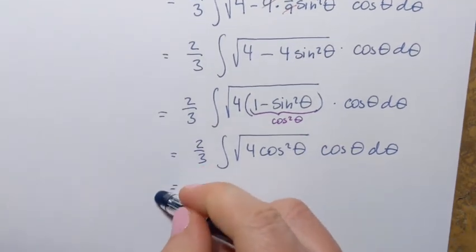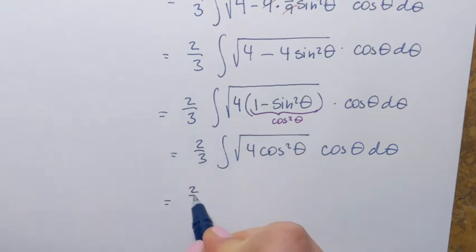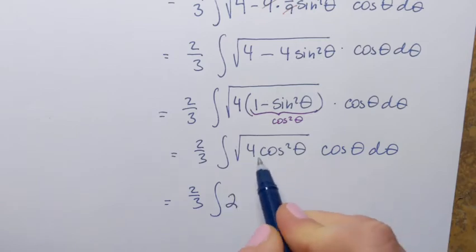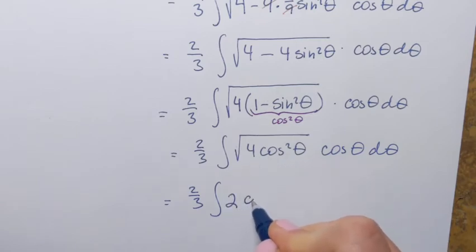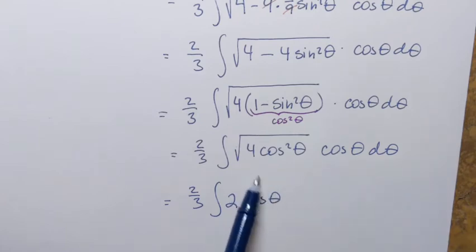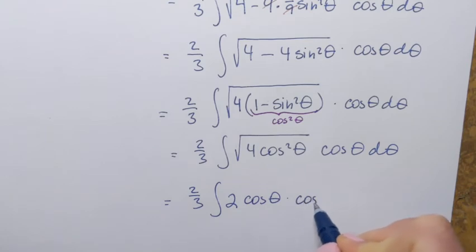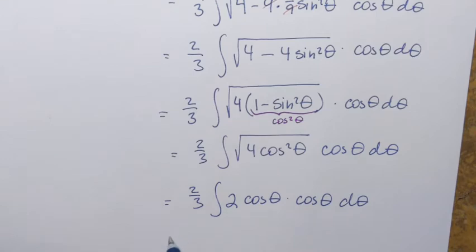So we finally can get rid of the square root. 2/3 integral square root of 4 is 2, and then square root of cosine squared is just cosine theta. So that's the result of the square root. Now next to it I have another cosine theta d theta. Great. And that's what I will need to evaluate now. So that 2 I will combine with the constant in the front. So it's 4/3 integral, and that's cosine squared of theta d theta.